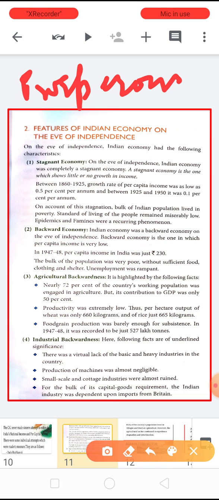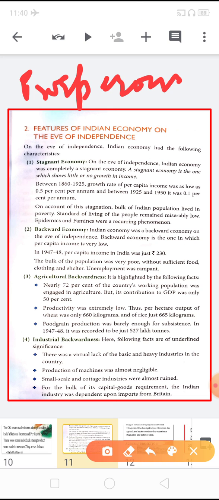So let us first learn the features of the Indian economy on the eve of independence. Now that the Britishers came into our country, what is the condition of the Indian economy at that point of time? On the eve of independence, the Indian economy has the following characteristics.